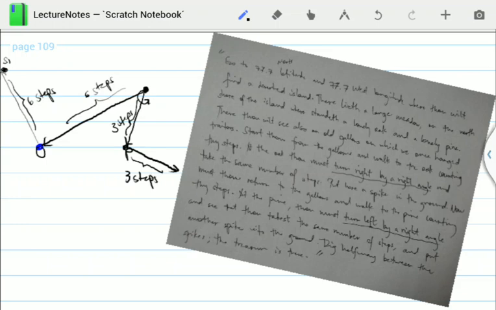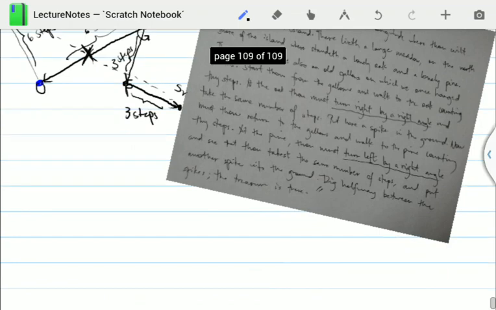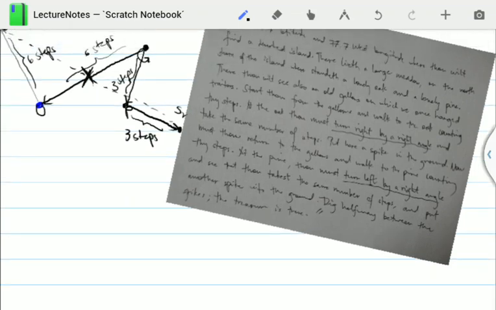Then put another spike. So this is S2. Now it says you draw a line between S1 and S2, and somewhere in between, you dig, you should find the treasure. So that should be a simple instruction to anyone.